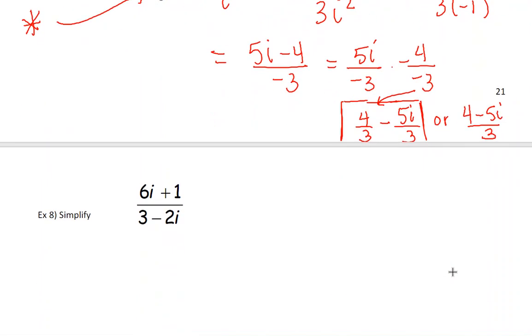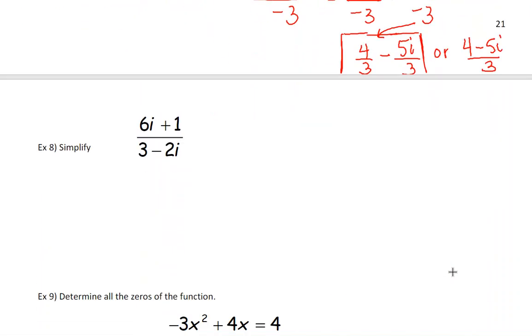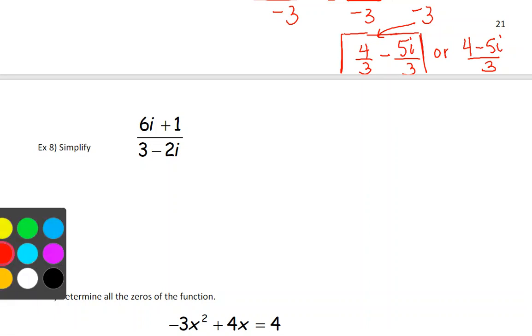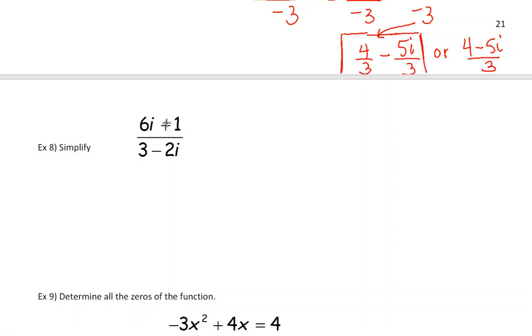Okay, so then if you look at example 8, this one is done kind of similar, except what you need to remember here is these pluses and minuses glue those terms together. So I have the same problem. I can't leave a square root in the denominator, which is that i. So what you have to do here is multiply by the conjugate.